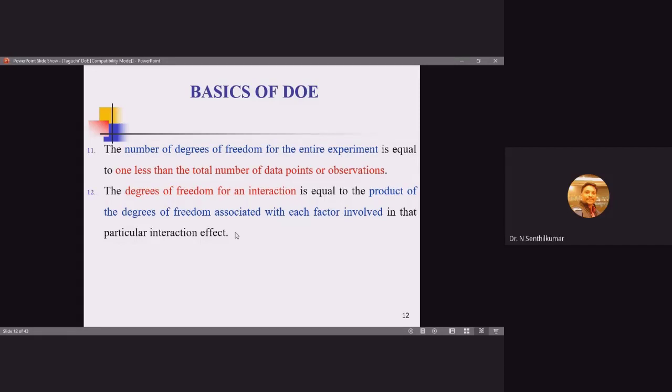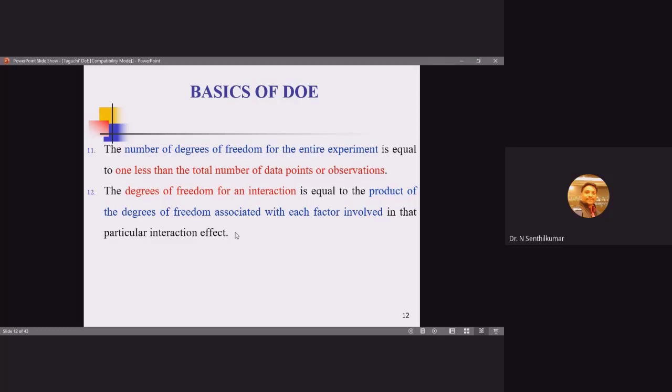So positive interaction as well as negative interaction can also be there. So that is called the interaction effect. So the influence of cutting speed will be one thing. When it combines with the influence of feed rate, the effect will be higher. So that is what we will be calling the degrees of freedom for the interaction effect.